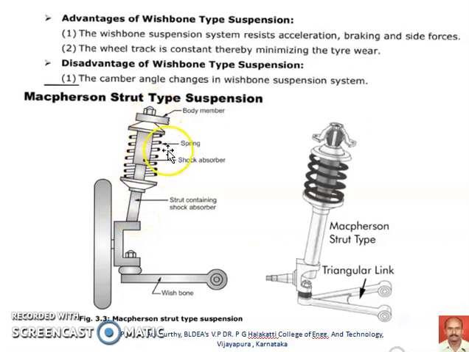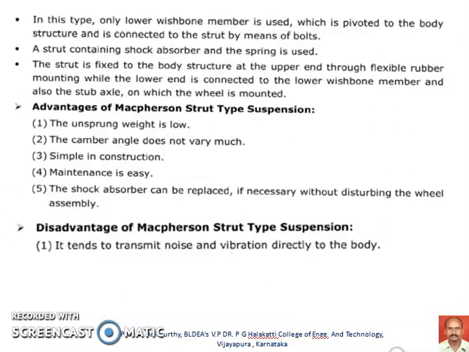So we can easily replace the shock absorber whenever necessary. If there is any damage or leakage and we want to go for maintenance, it can be easily replaced, which is not possible in the earlier double wishbone type suspension system. So that is the major difference between the two.